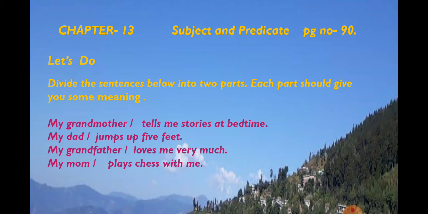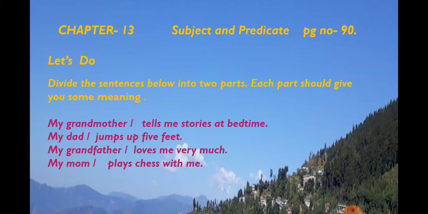So after my grandmother, you are going to draw a slash or a slanted line. Next sentence is: my dad jumps up 5 feet. So who jumps up 5 feet? The answer is my dad. So after my dad, you will put a slash. Then that becomes your subject and jumps up 5 feet becomes your predicate.